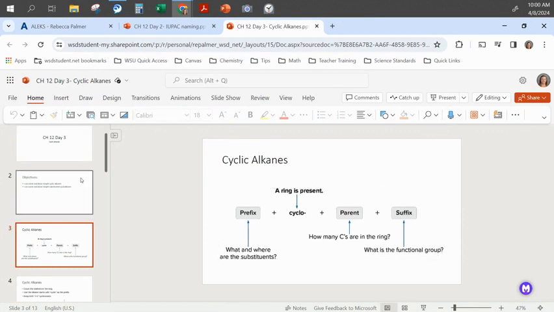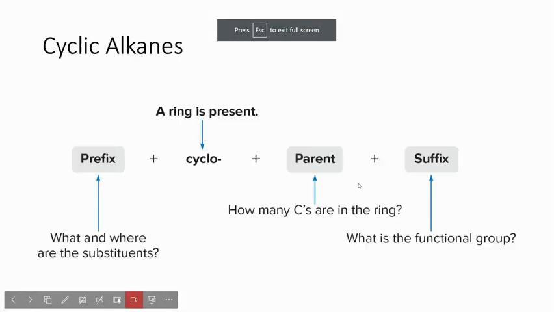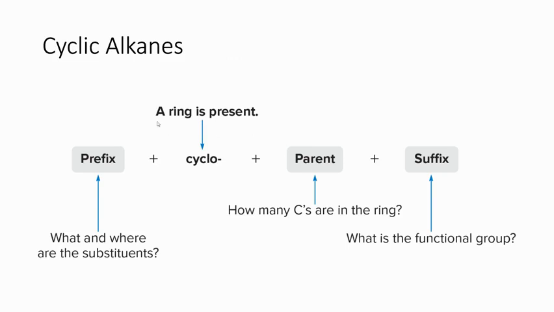Okay, so the other part of naming, the other rules: if it has a circle, a cycle in it, then you're going to add that to the name. So you're going to have some branches in the prefix, tell me where they are and what they are.